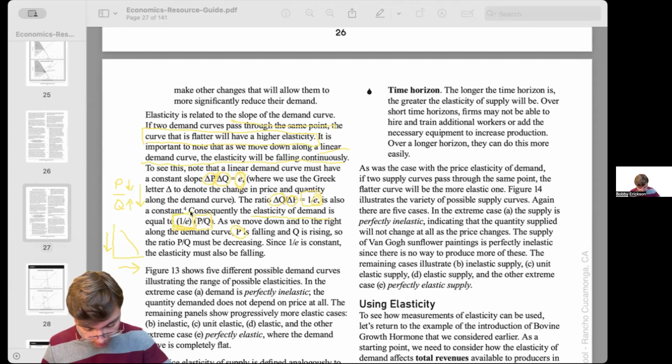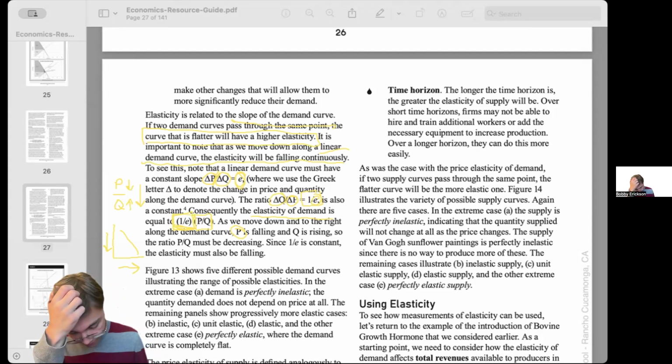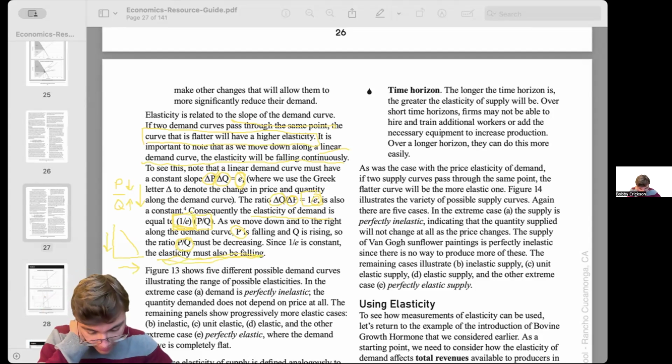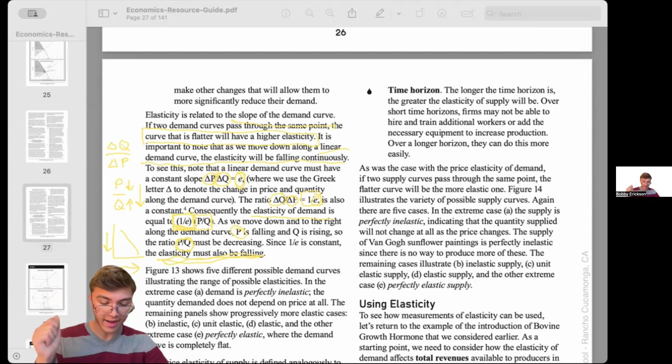And since we know that 1 over E is a constant, because P over Q is decreasing, we know the elasticity is then falling as well. Another thing of note is that the change in quantity over the change in price is, we know, the slope. And it is that conversion to a percentage that allows us to measure that demand.